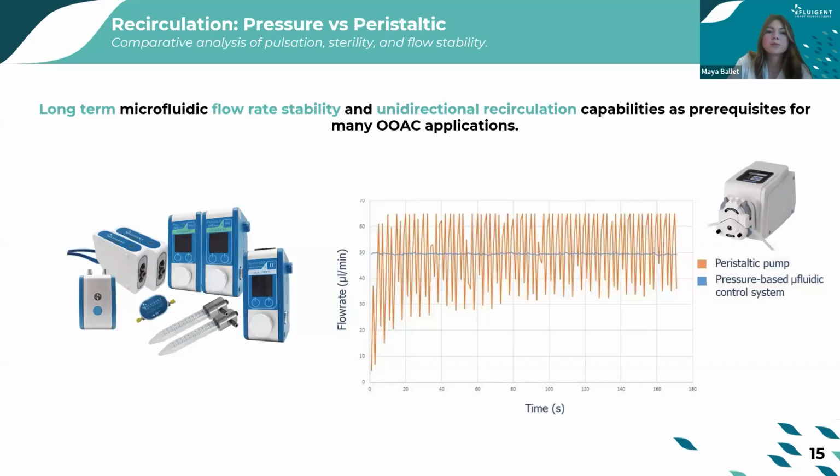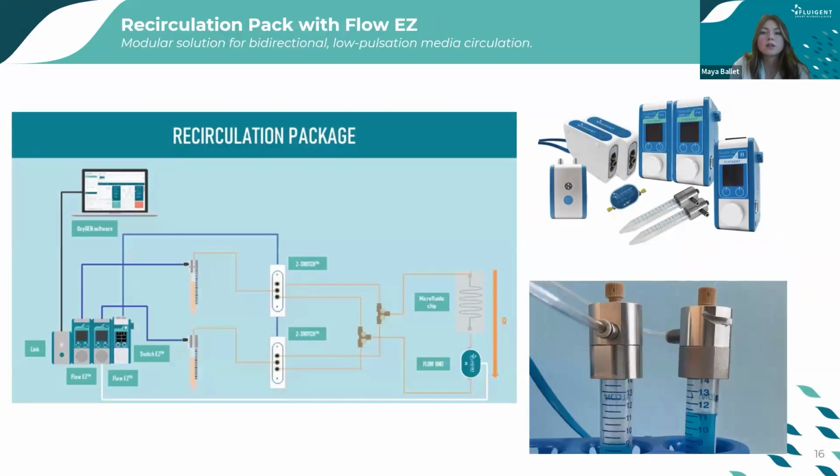The peristaltic pump is very commonly used, so it is quite straightforward and easy to use, but it also comes with some limitations, because the rolling mechanism produces some pulsations, and also the tubings can get damaged over time, and the risk of contamination is higher. You can see here on the scheme that there are pulsations on the flow. In addition, the shear stress generated by a peristaltic pump can be too high for sensitive cells.